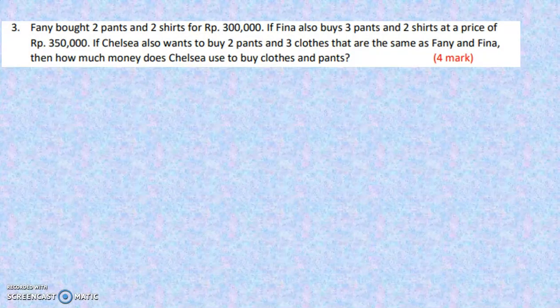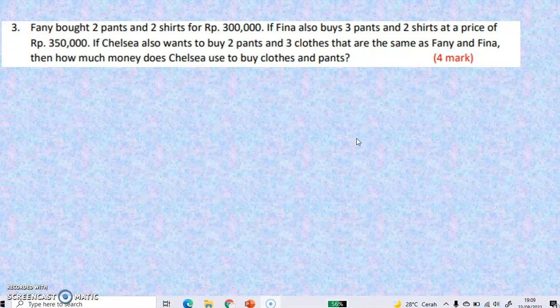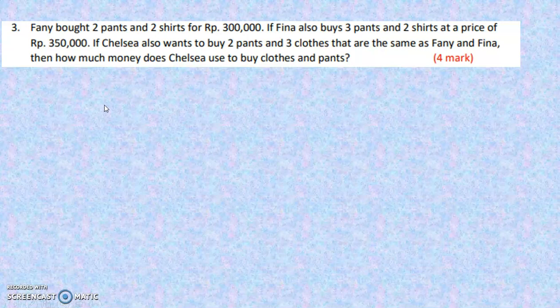Number 3, the word problem like this. We can use elimination or substitution. Here I use P for pens and S for shirts. 2P plus 2S equal 300,000 for the first sentence, and then 3P plus 2S equal 350,000 for the second.